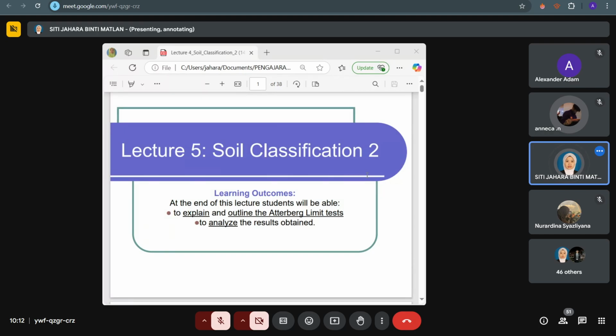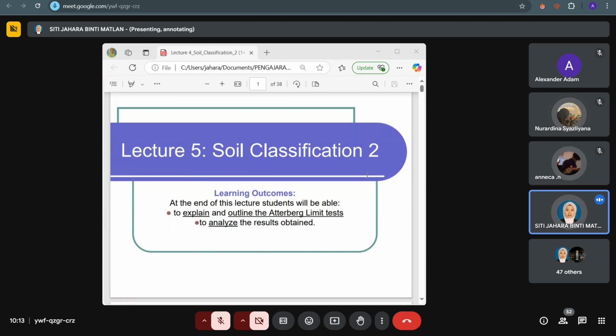Previously, we introduced the basics of how soils are classified based on their physical properties, particularly focusing on the particle size distribution. We discussed using the sieve analysis for coarse grain soil, and we also mentioned the sedimentation method for fine grain soil.